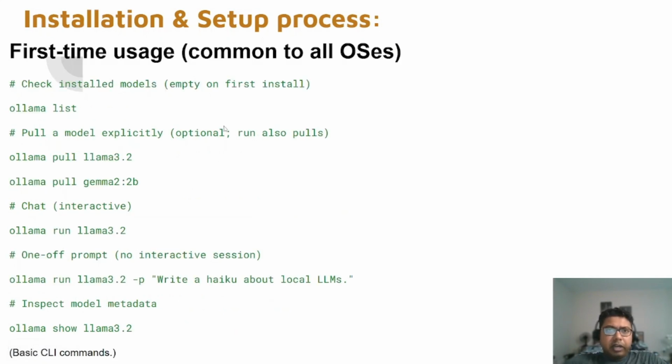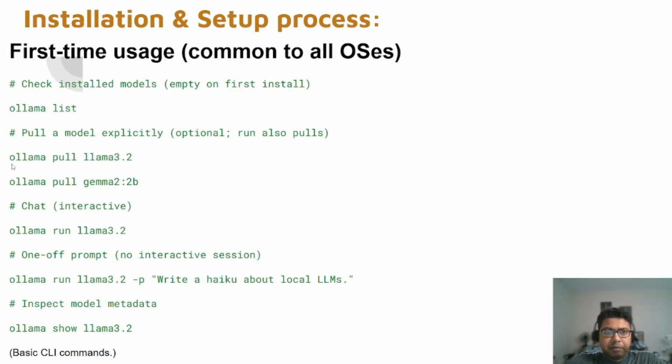These are very important, so I'll explain them. These are the usage, how to use it. Once we install Ollama locally, in the command prompt on Windows, if I write ollama list, it will give us a blank list because nothing is installed yet.